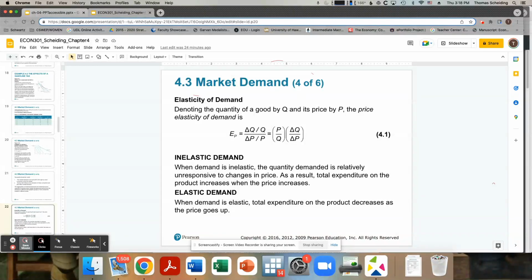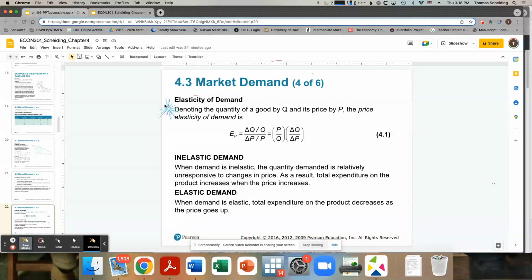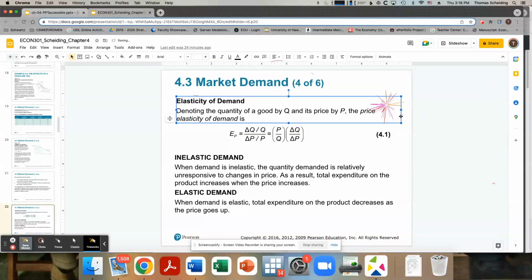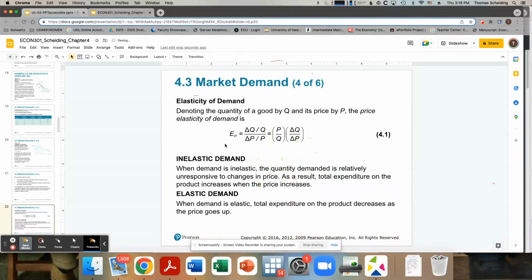Let's remind ourselves what elasticity is. When you see the word elasticity, think of it as sensitivity. How sensitive are things? I'm going to add this because that's how important this is. Elasticity. It's so important. Look at all these fireworks I'm shooting off here, Hawaii style, about how important this is.